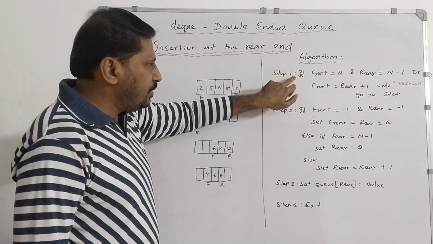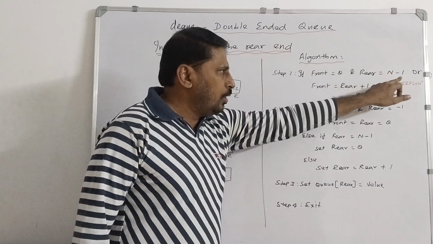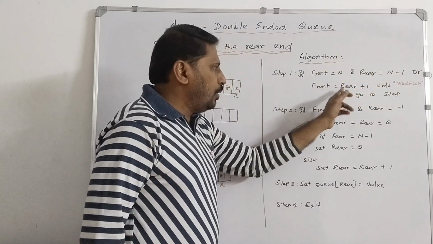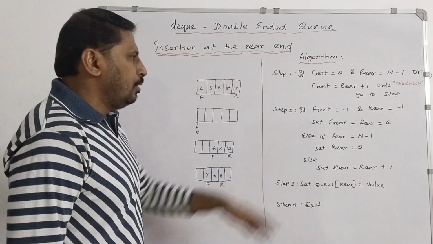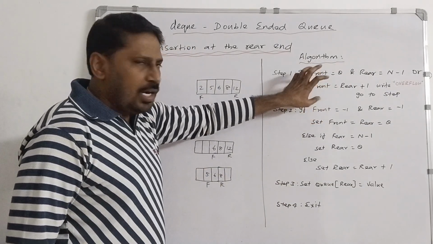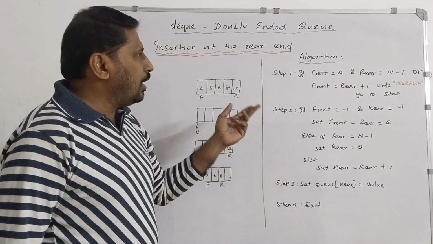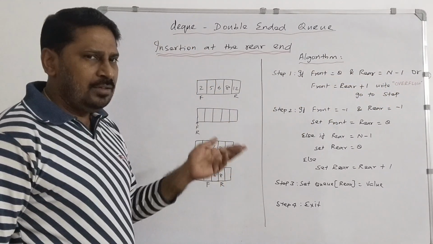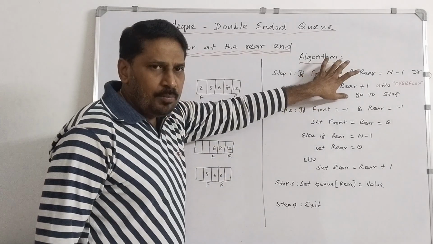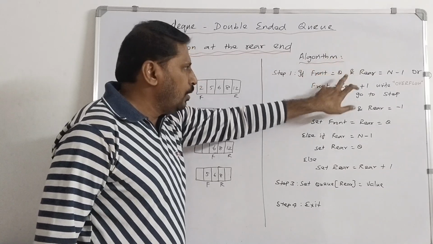Okay. So the first step is: if front equal to 0 and rear equal to n minus 1, or front equal to rear plus 1, if either of these two scenarios occurs, the condition is overflow. We already know that when inserting an element at the front end, we execute the same check.